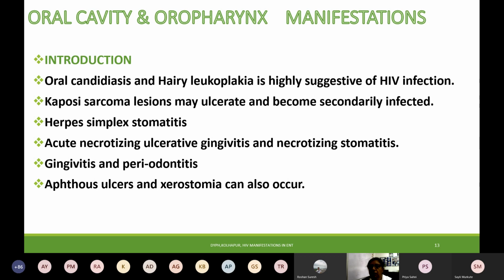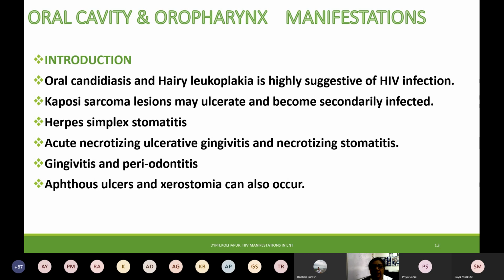Now, in the oral cavity and oropharynx, what are the manifestations? In the oral cavity, oral candidiasis and hairy leukoplakia are highly suggestive of HIV infection. That means when a patient comes with oral candidiasis, without diabetes mellitus, you must investigate for HIV infection. Kaposi's sarcoma lesions may ulcerate and become secondarily infected.